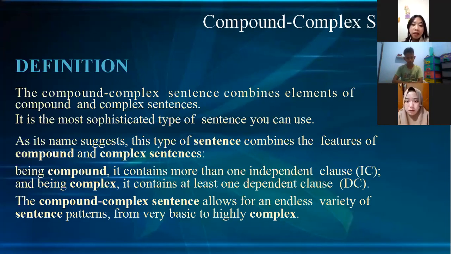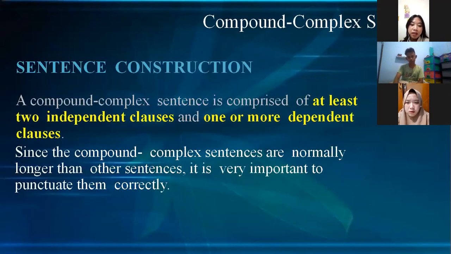Being compound, it contains more than one independent clause, and being complex, it contains at least one dependent clause. The compound complex sentence allows for an endless variety of sentence patterns from very basic to highly complex. And next, Widya Prameswita.